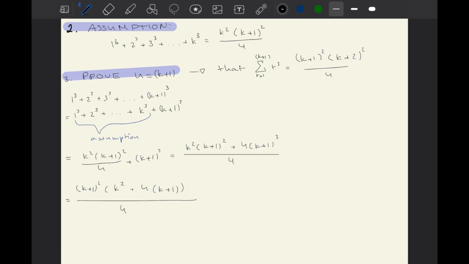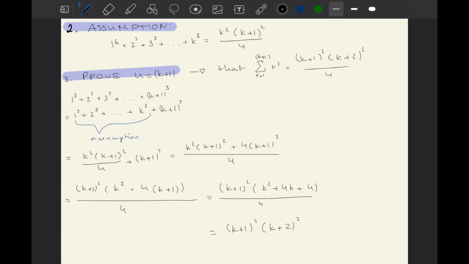Simple exponents. And now we can simplify this right here. This is going to equal k plus 1 squared times k squared plus 4k plus 4 over 4. And this is going to equal k plus 1 squared times k plus 2 squared over 4.